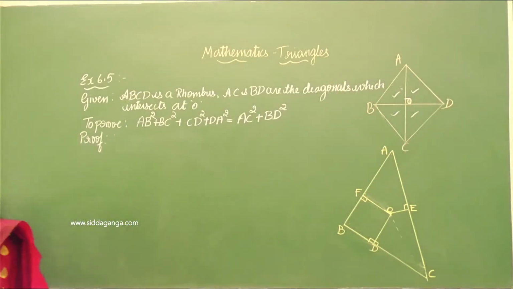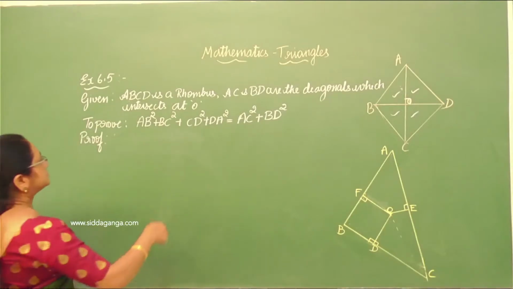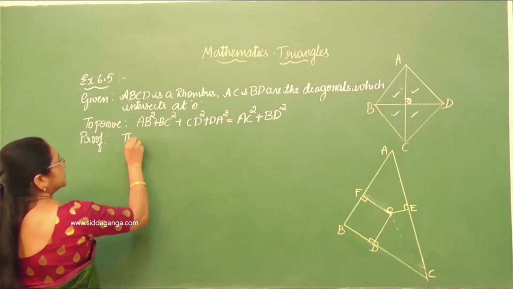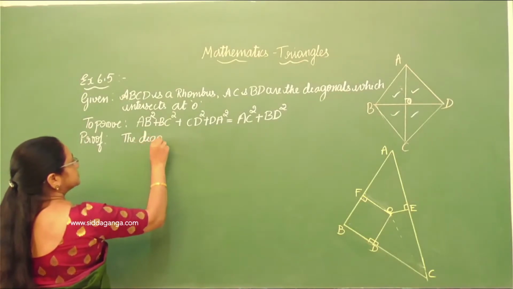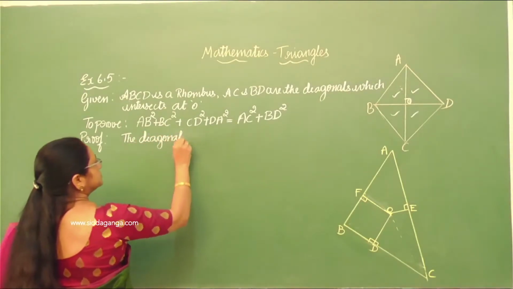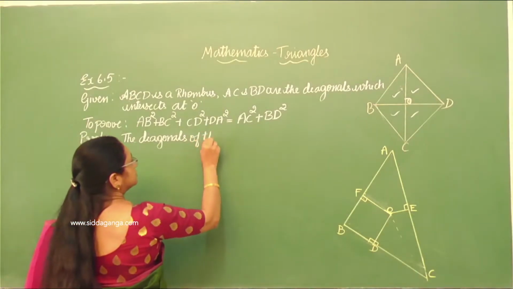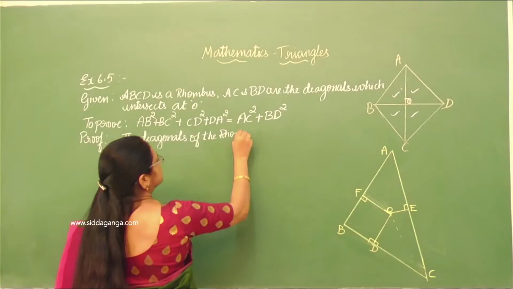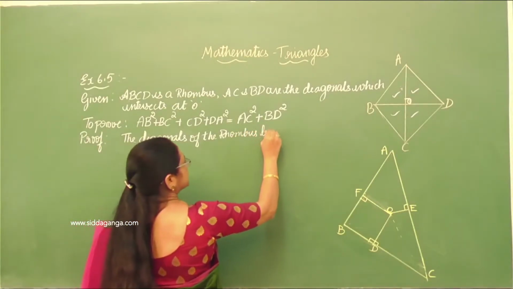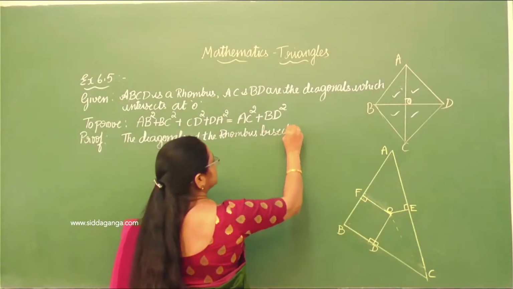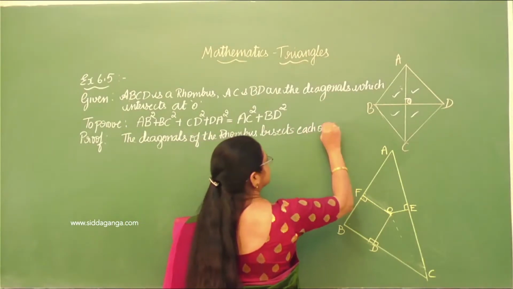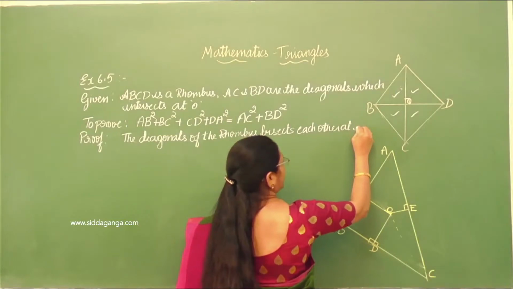Let me write that. The diagonals of the rhombus bisect each other at 90 degree, at right angle.